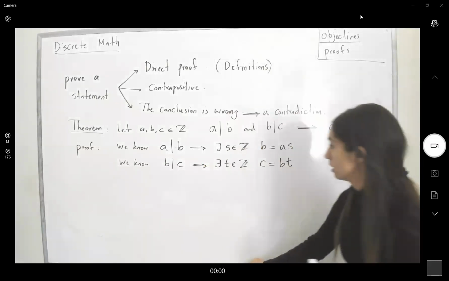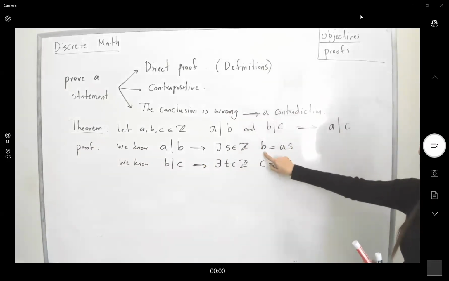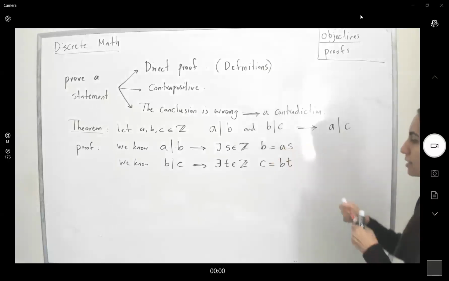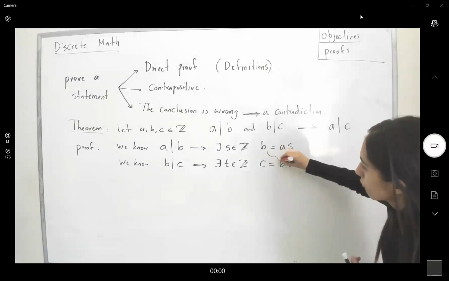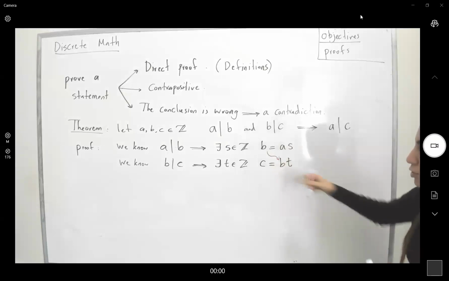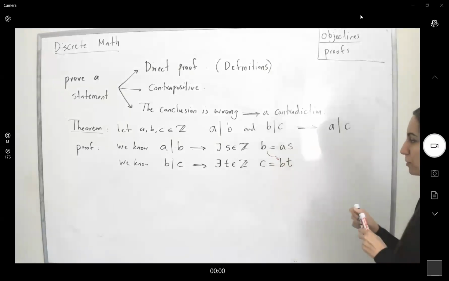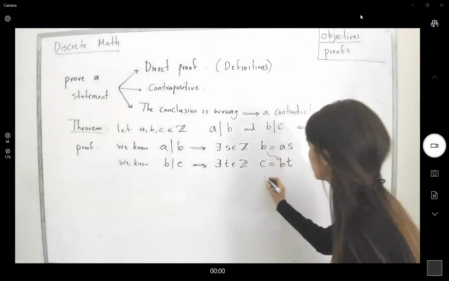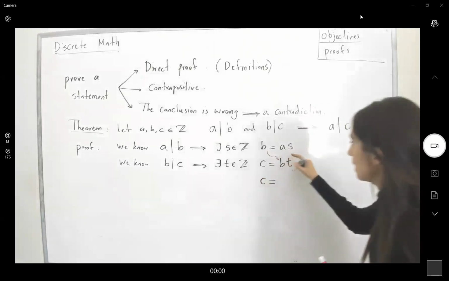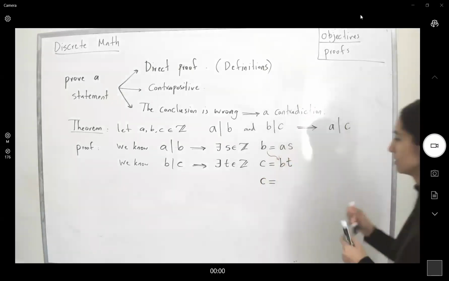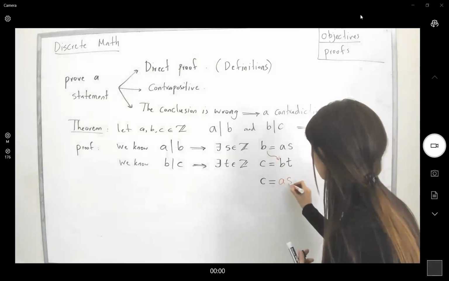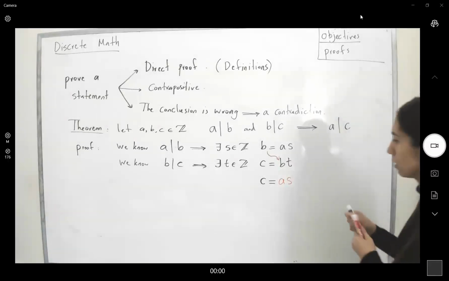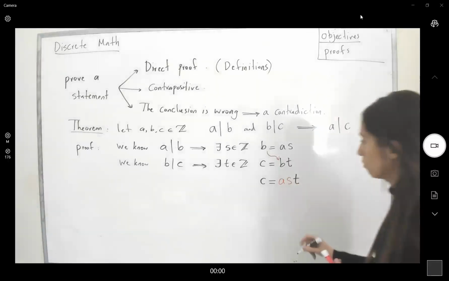Well, the first equation says b is equal to a times s. In the second equation, I have b. So I'm going to substitute that in the second equation. So it means that c can be written as as times t. What's the meaning of that?